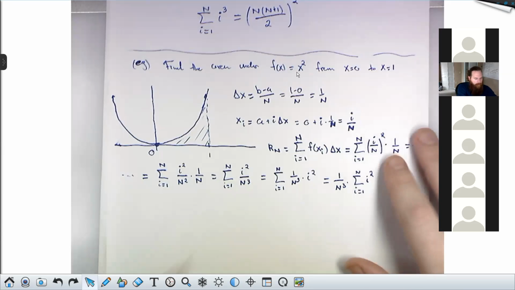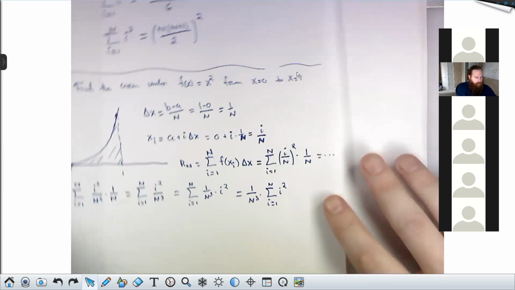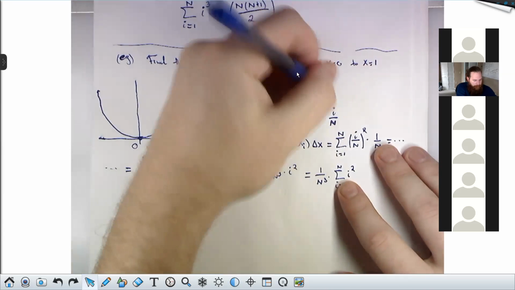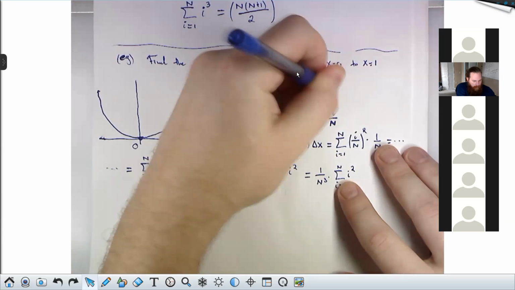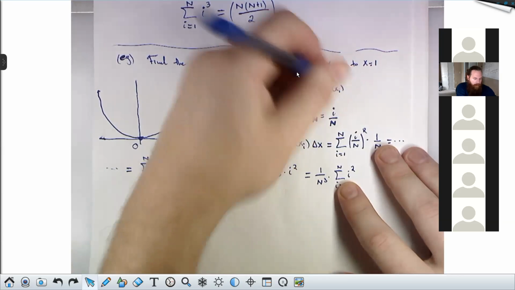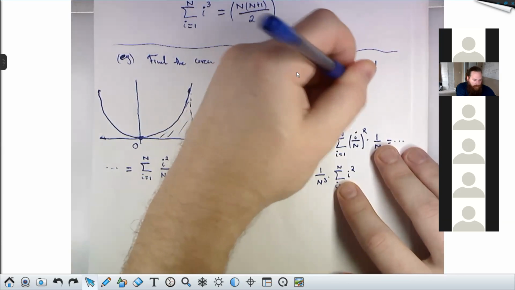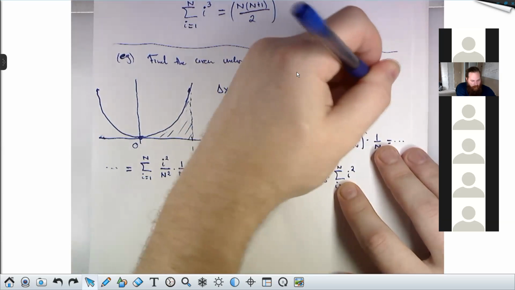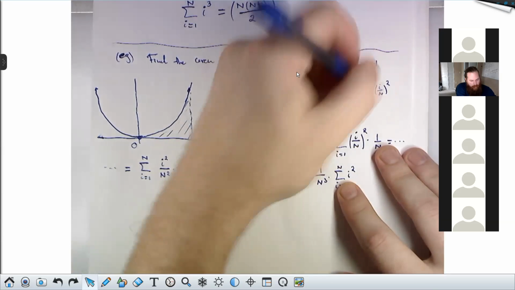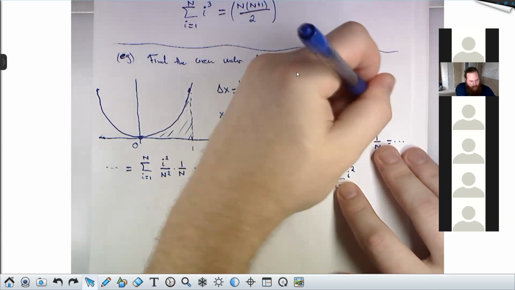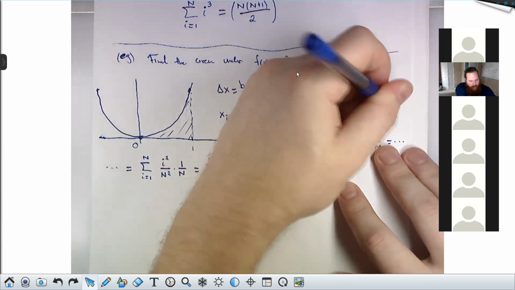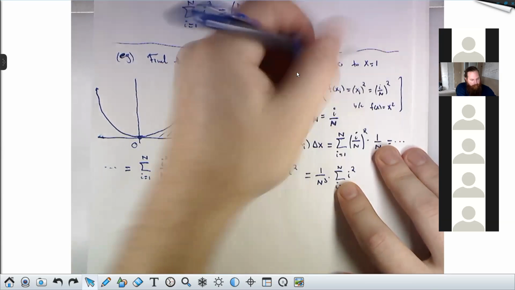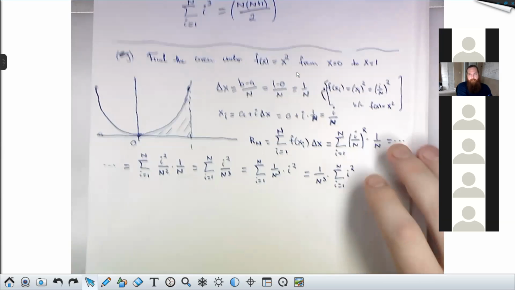So if you like, the justification for that is f of xi is xi squared, which is i over n squared, because f of x is x squared, like that.